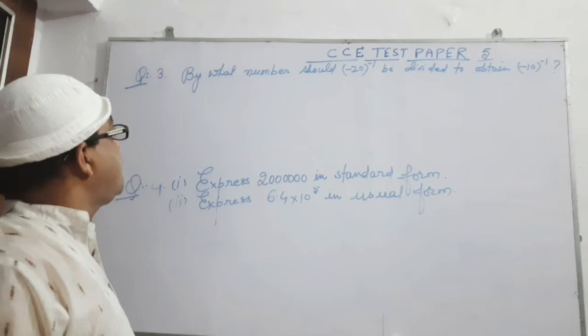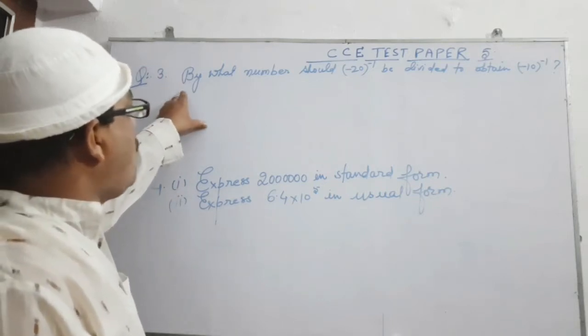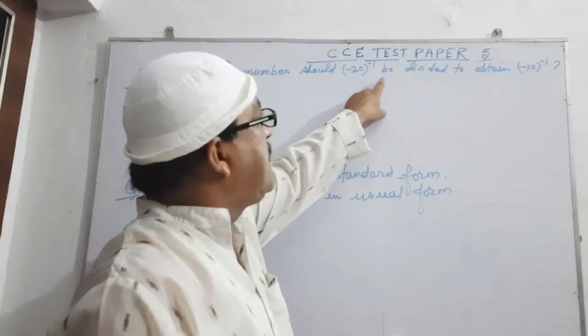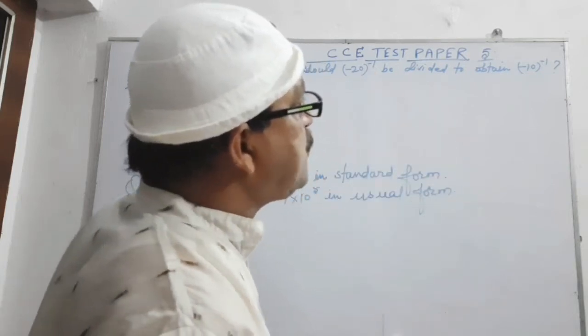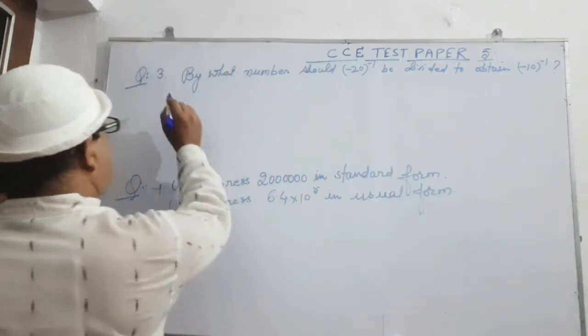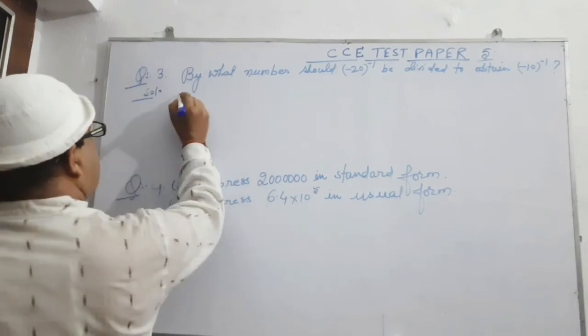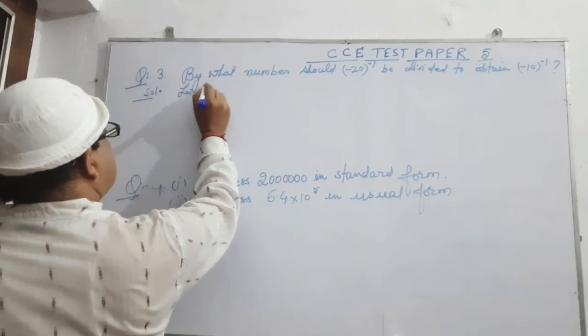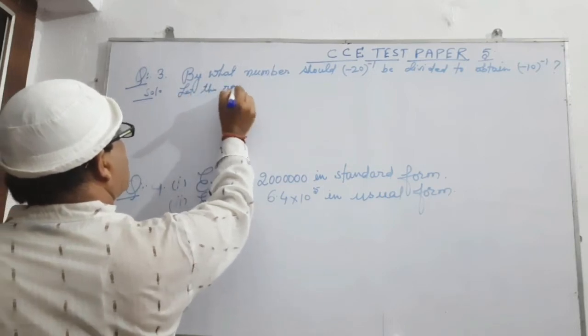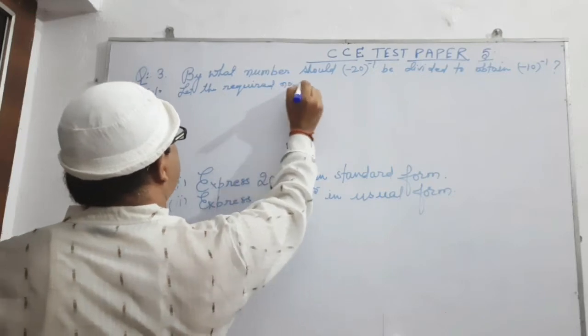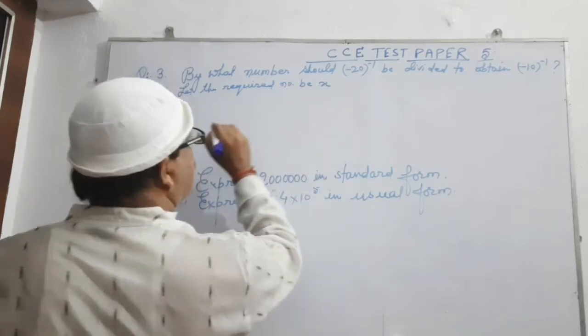In question number 3, the given question is: by what number should minus 20 to the power minus 1 be divided to obtain minus 10 to the power minus 1? Like the previous question, just imagine the solution. Let the required number be x.